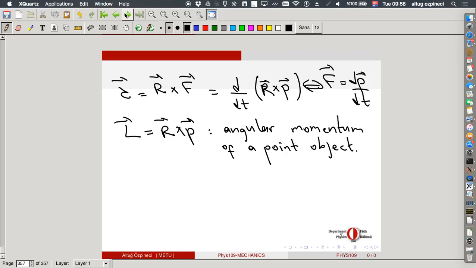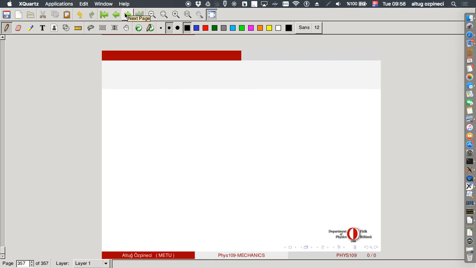Now let's look at the angular momentum of a system of particles. Remember, we are studying rigid body rotation, angular momentum of a rigid object.